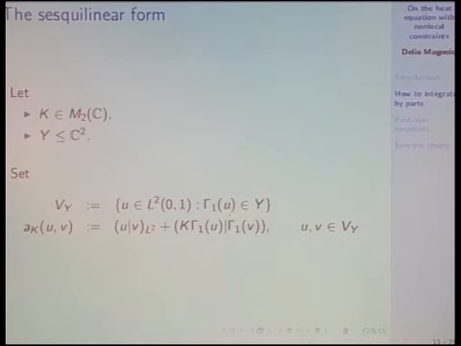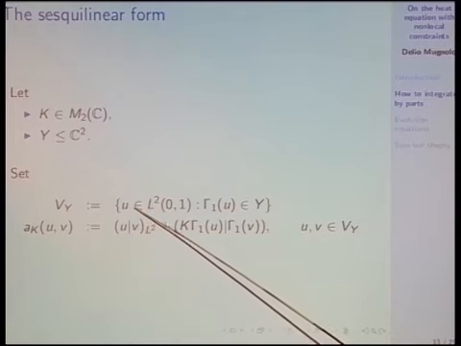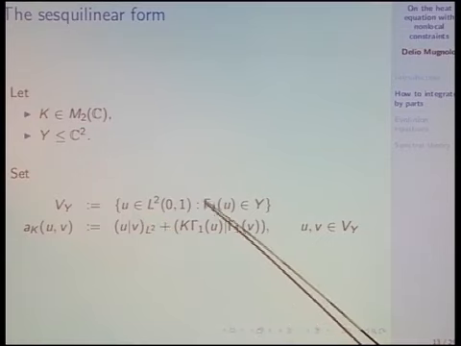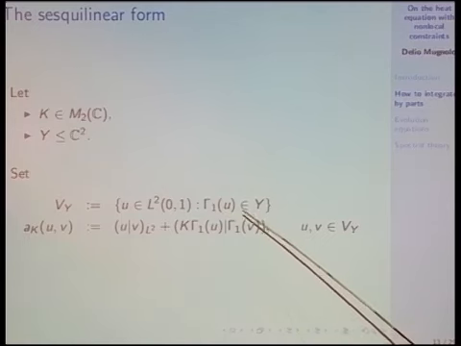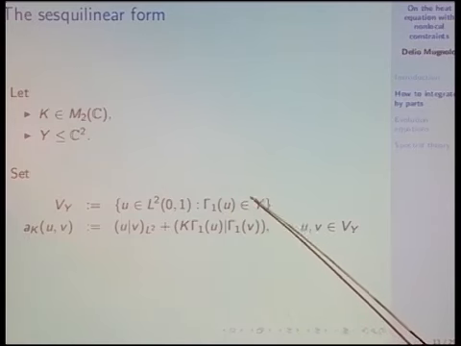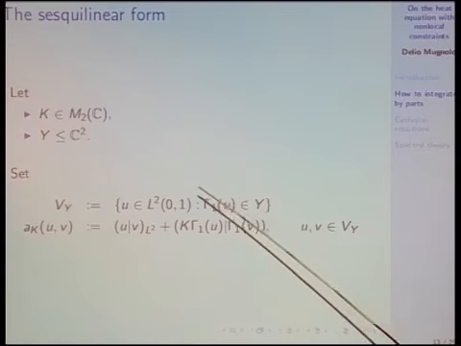So now let me explain a little bit this term. Basically what we are saying is that we are taking as the form domain those functions in L2 with moments of order 0 and 1 satisfying a certain algebraic condition, namely they have to be in a certain subspace of C2.